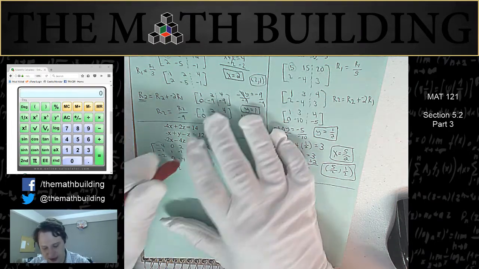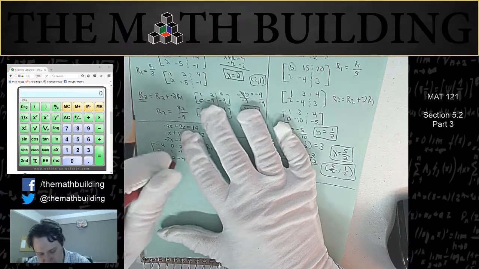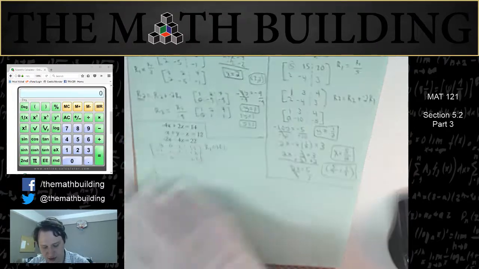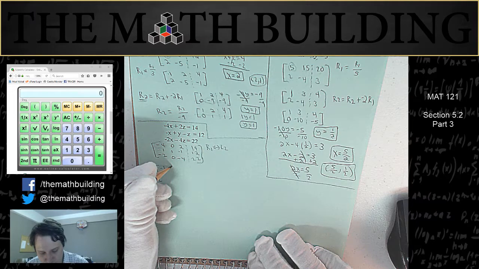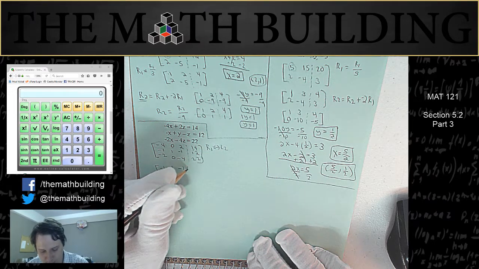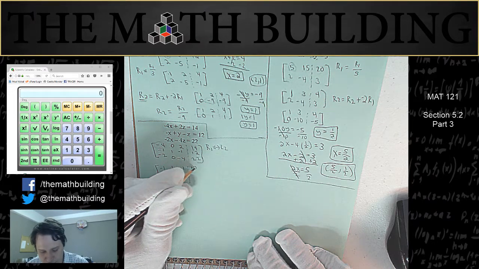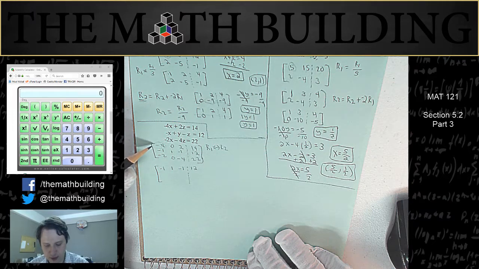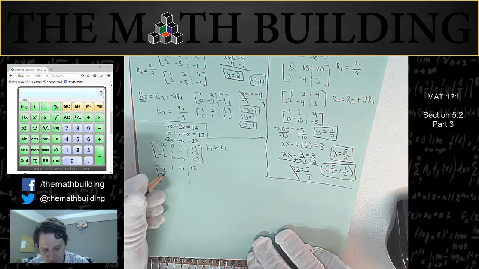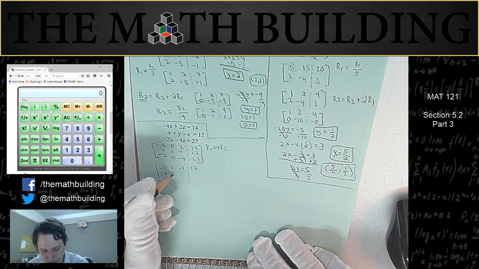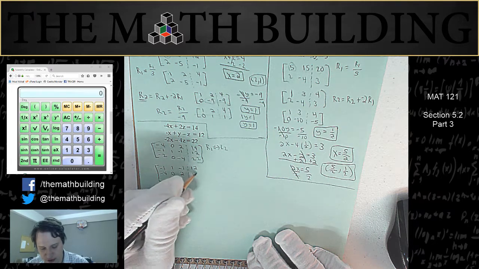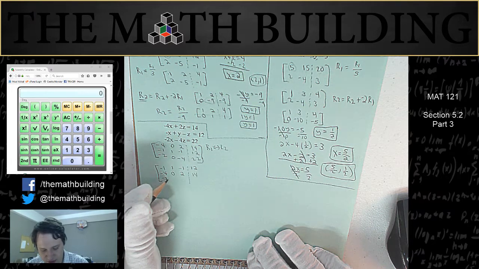Now, I've already made a mistake. Remember, when you're swapping rows, you need to be really careful to get the numbers right. So now the top row is -1, 1, -1, 12. And the next row is -4, 0, 2, 14. And the third row stayed the same.